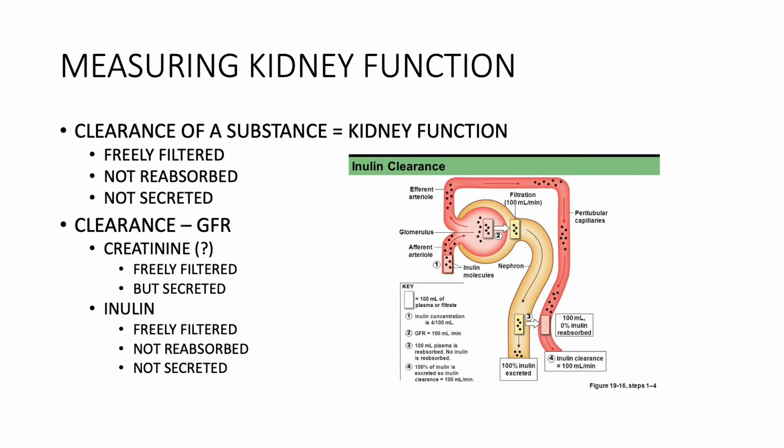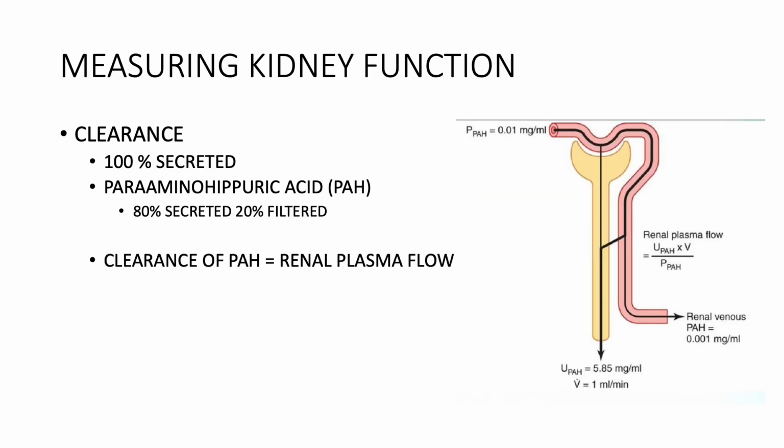Now, another way of measuring kidney function is measuring the clearance of a substance that is 100% secreted. Why? Because if a substance is 100% secreted, it will give us the effective renal plasma flow. Do you understand?